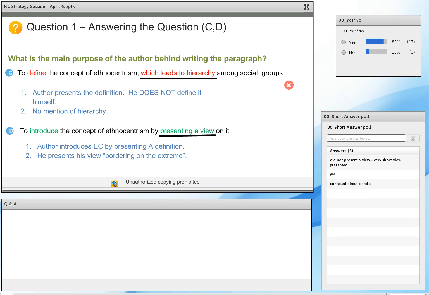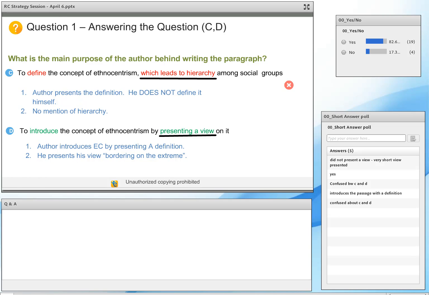So this is another pitfall, because the question maker again utilized your inability to comprehend bordering on the extreme in this choice, because he knew that some of you will not be able to comprehend bordering on the extreme really well, and that's the play that he has used in creating this correct choice.